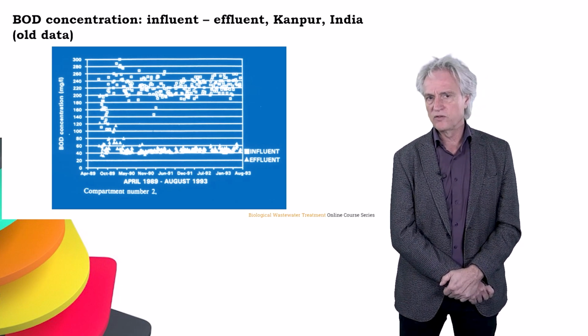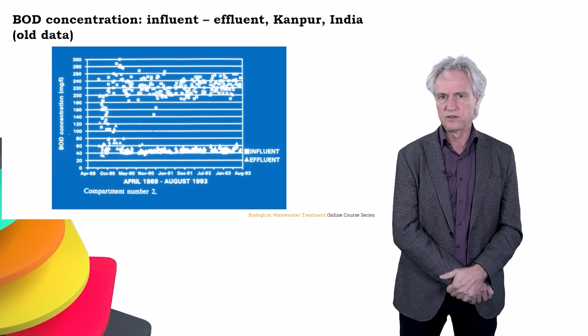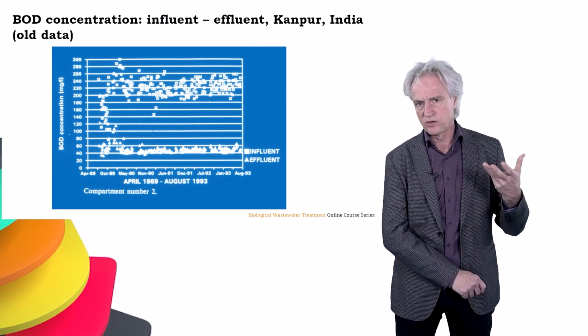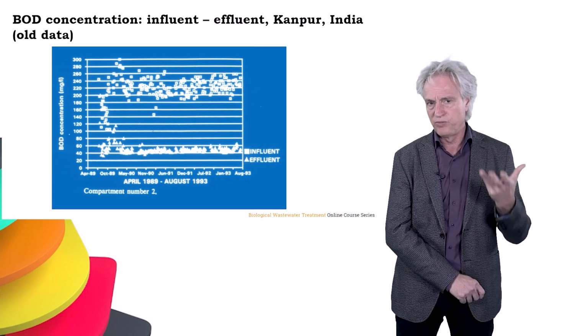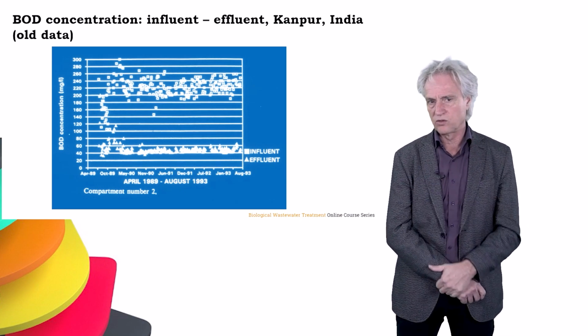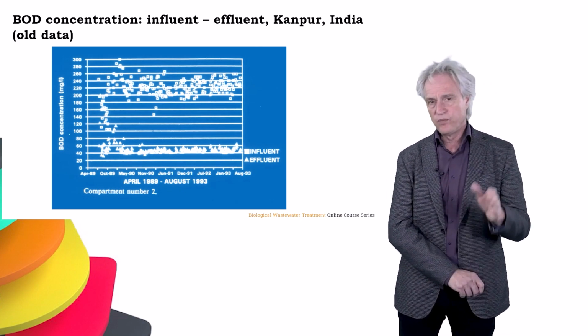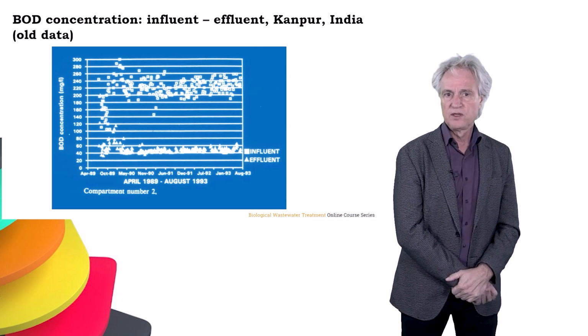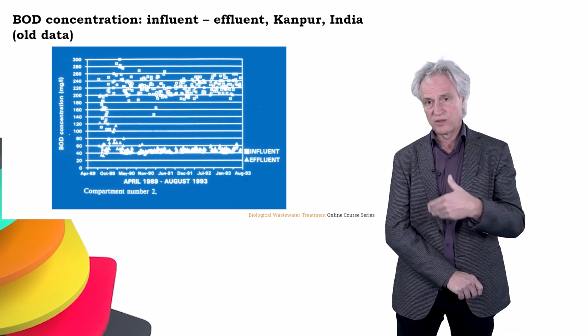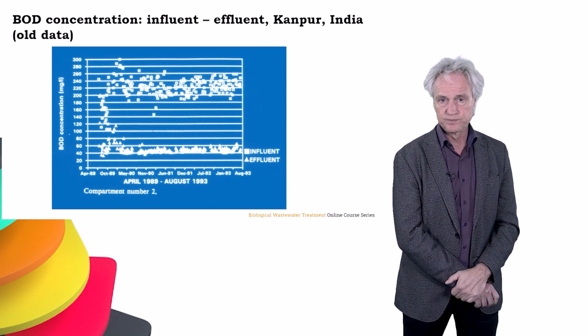Now what you see here is quite an irregular pattern of the BOD, but after a startup period, and do mind this is about half a year to 1 year, then the effluent gets stabilized and the reactor is operating with a stabilized effluent quality of BOD.